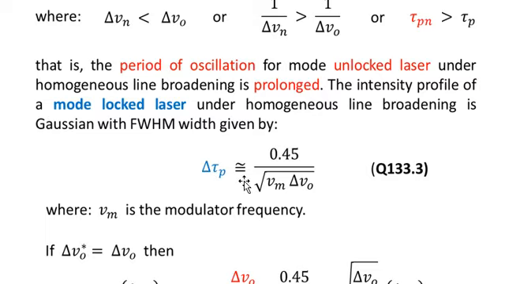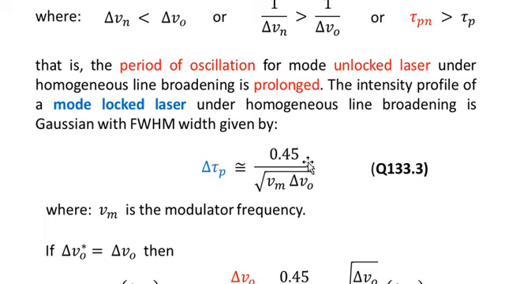And delta nu naught is the gain bandwidth of the homogeneously broadened line when the mode locking condition is in place. So delta tau p is actually the width of the individual pulses and is given by the relationship shown in figure number 3.